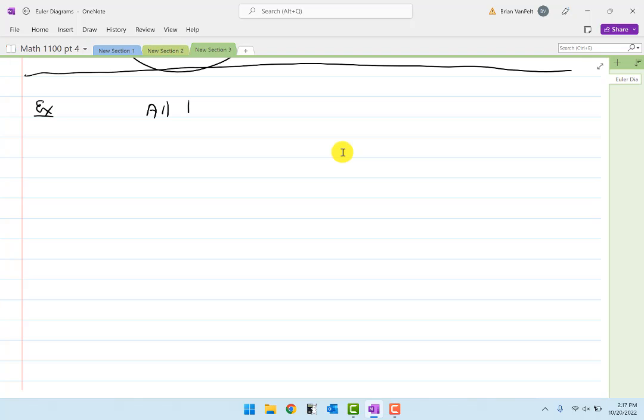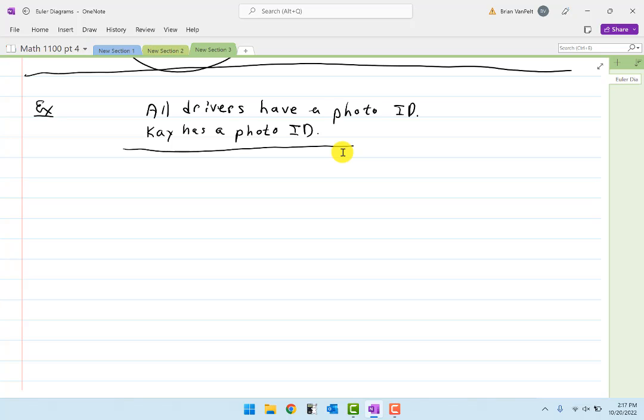All drivers have a photo ID. K has a photo ID. Therefore, K is a driver.